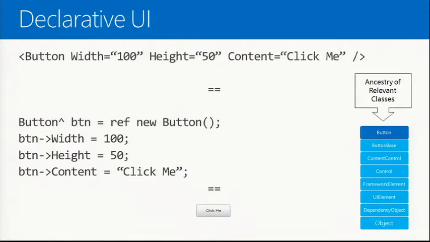Button is no different. You can see that the button content is click me. You may say, why isn't it the text? One of the benefits of XAML is that we have this concept of content controls where it doesn't have to be text. Content can actually be anything you want, any other UI elements. And this is part of the flexible templating mechanism that I'll demonstrate in a few minutes here.